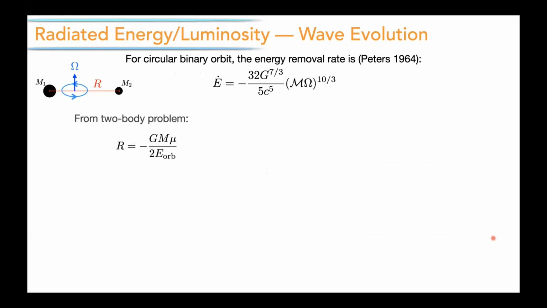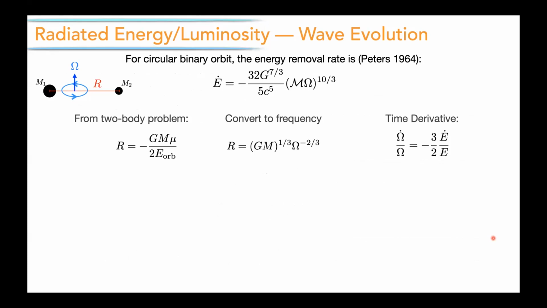Right. So from that, we can derive the frequency evolution, because we had our strain in terms of a fixed frequency, but we want to derive the frequency evolution. Again, to do that, we go back to the two-body problem, and we can essentially write the orbital frequency in terms of the orbital energy. This is just the two-body problem. And once you do that, you can take a time derivative to relate the time derivative of your binary orbital frequency to the time derivative of the energy that's being carried away.